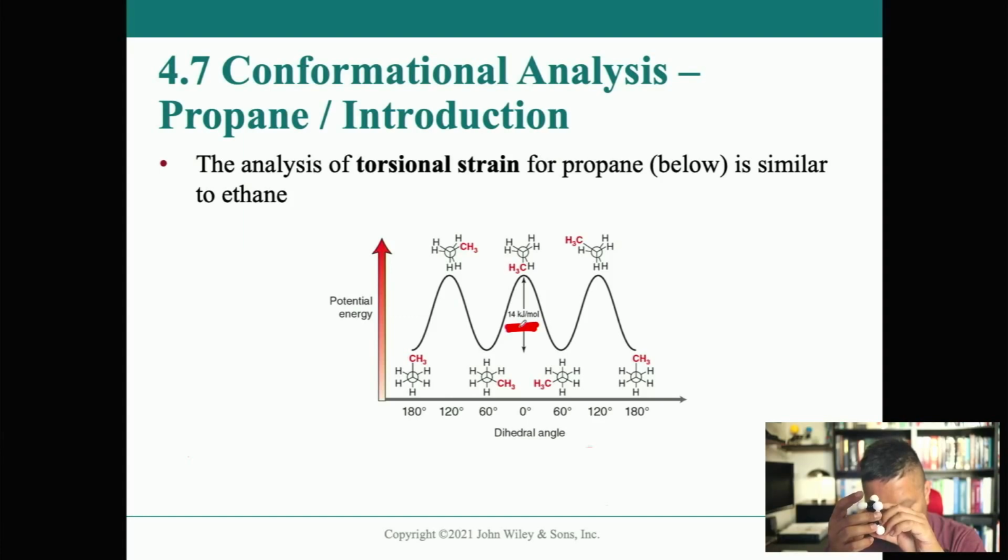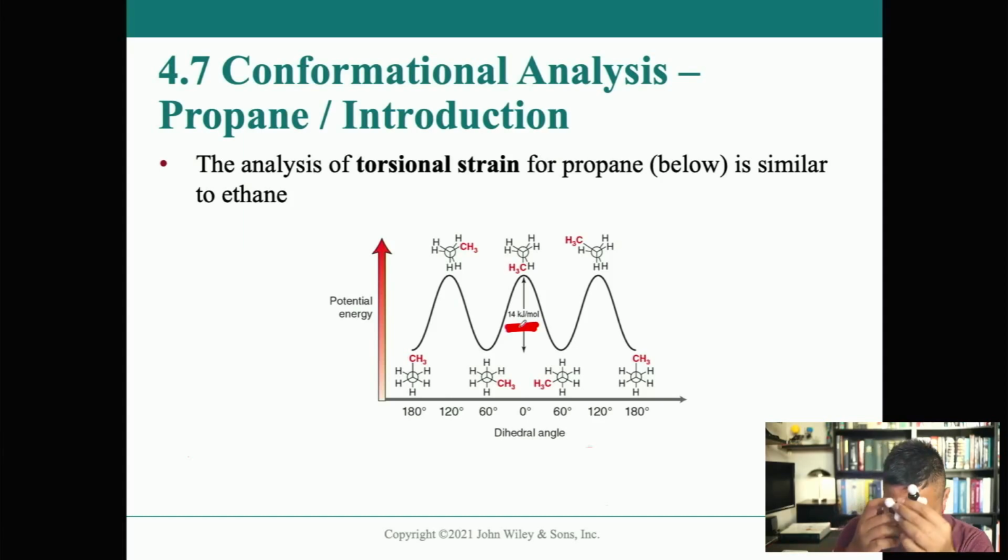So same as before, as that methyl spins around, the carbon here comes in contact, not comes in contact, but its electronic repulsion comes in contact with the electronic repulsion of the carbon and the hydrogens behind it, and it starts repelling itself.